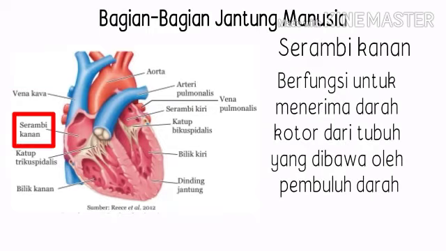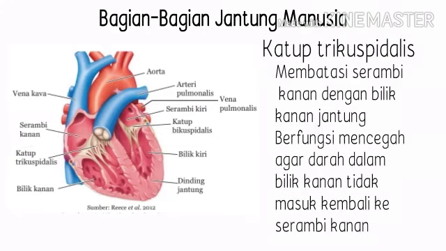Its function is to receive dirty blood from the body carried by blood vessels. Salasa, tricuspid valve, bordering the right atrium with the right ventricle of the heart. Its function is to prevent blood in the right ventricle from returning to the right atrium.